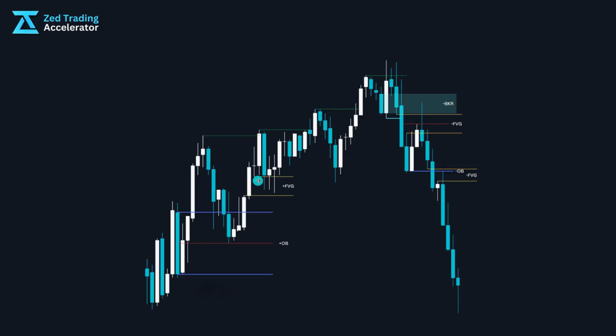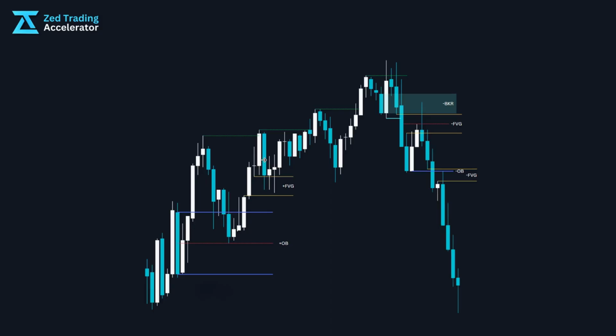Look at that. Price went down, created this candle low, and then went up, closing above that fair value gap. Price tried to go lower once again, but rejected strongly that fair value gap and then went up once again.